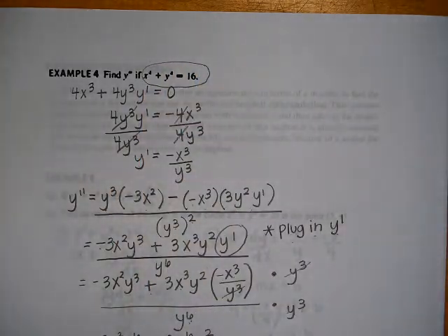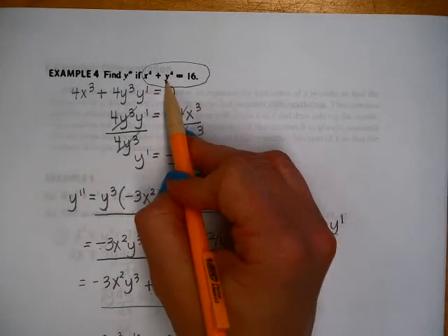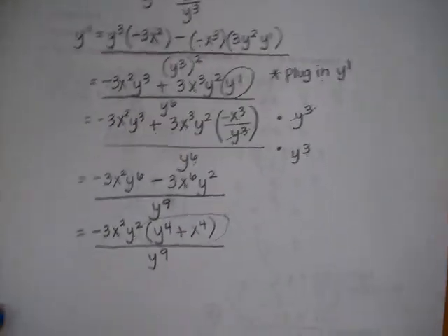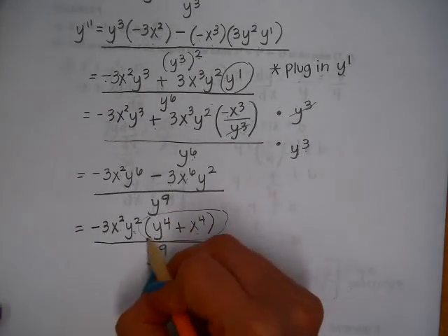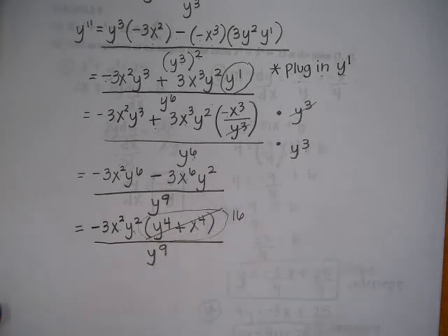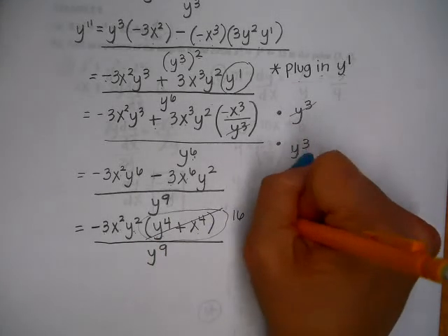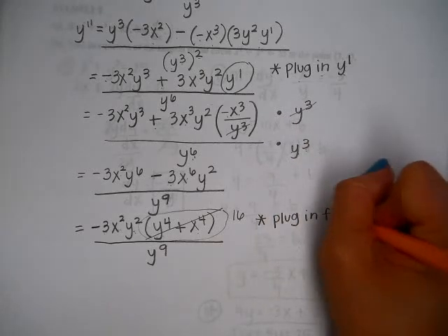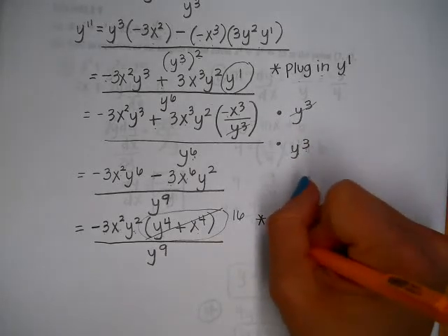So according to the original problem, x to the 4th plus y to the 4th equals 16. So that means I can substitute 16 for y to the 4th plus x to the 4th because they are equal to each other.